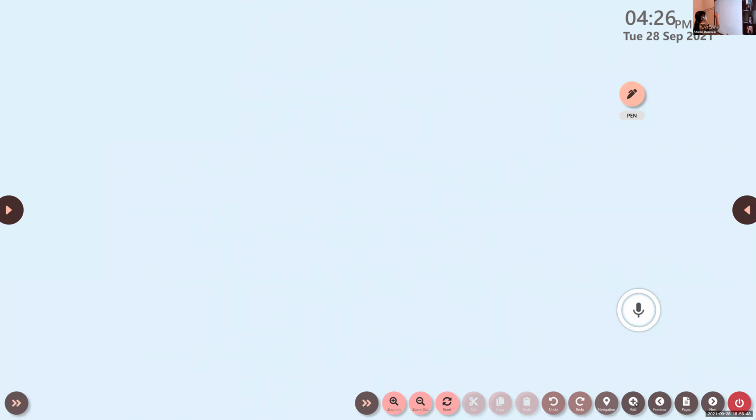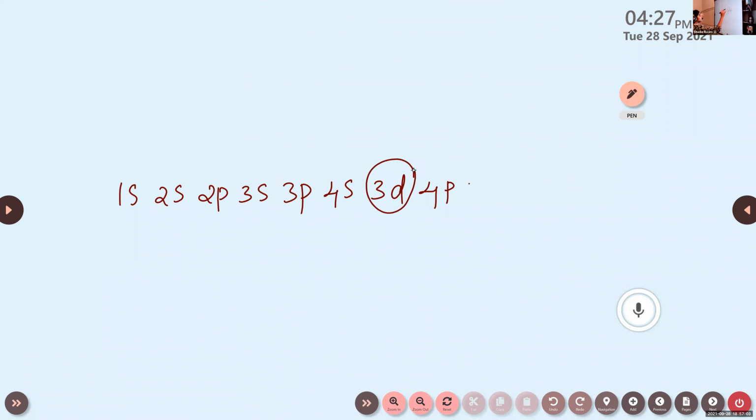When we write the energy order, it is 1s, 2s, 2p, 3s, 3p, 4s, 3d, 4p. So the 3d can form hybrid orbitals with 3s and 3p, and it can also intermix with 4s and 4p. Clear? The 3d can combine with 3s and 3p, and again the 3d can combine with 4s and 4p.